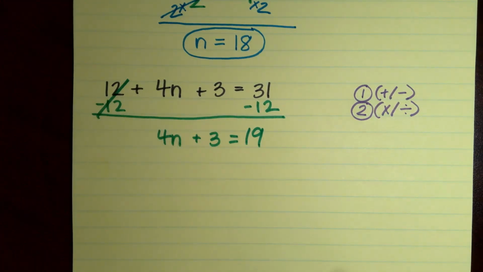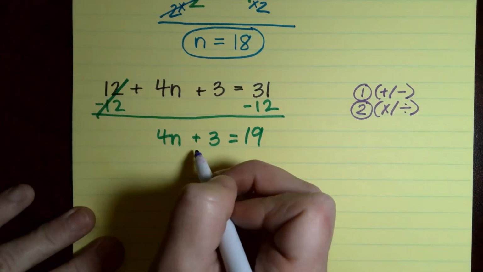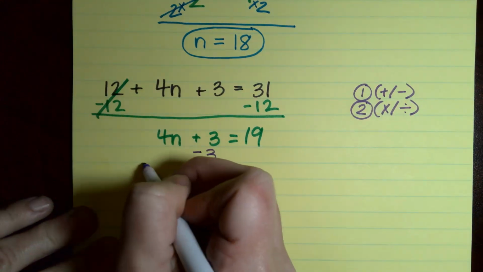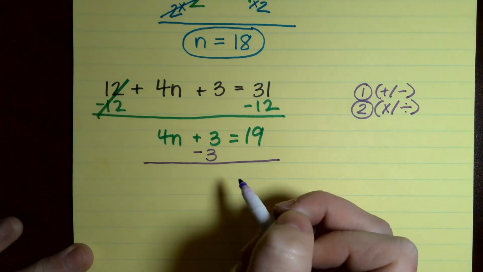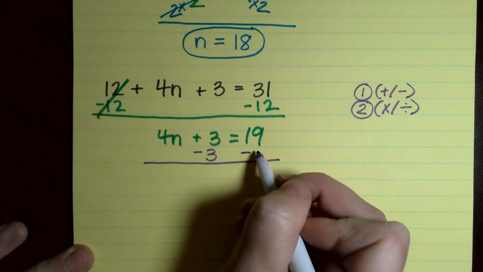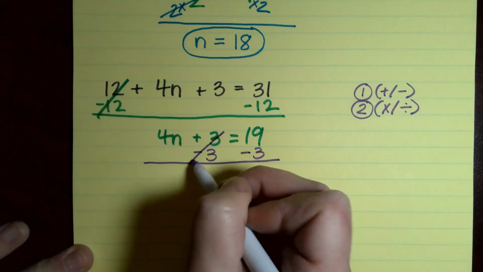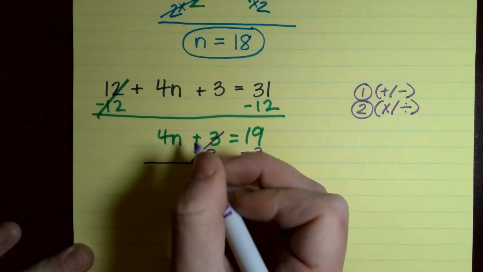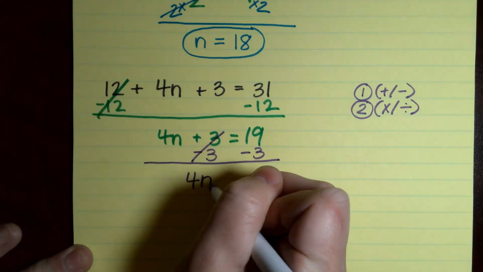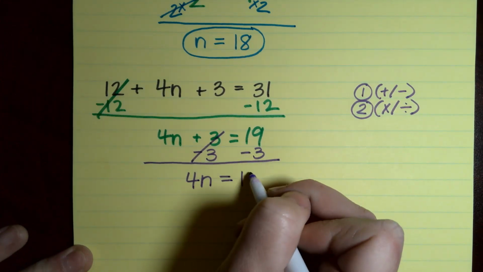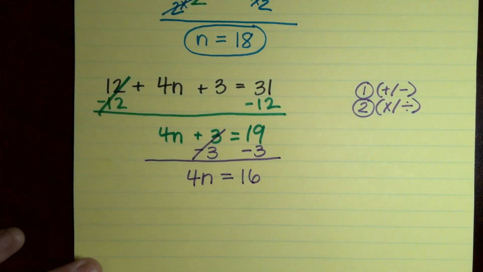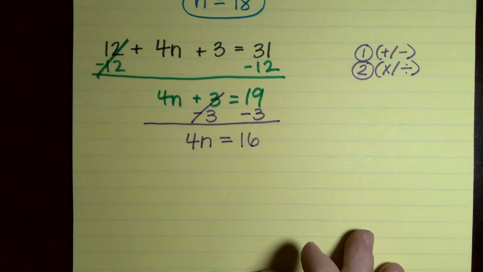Does that make sense, Rhonda? Okay, good. So let's do minus 3 first. Where else do I put minus 3? Perfect, under the 19. My 3's cancel out. So I'm going to bring down my 4 times n equals, what is 19 minus 3? 16.